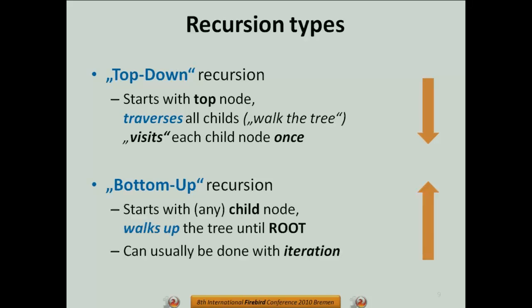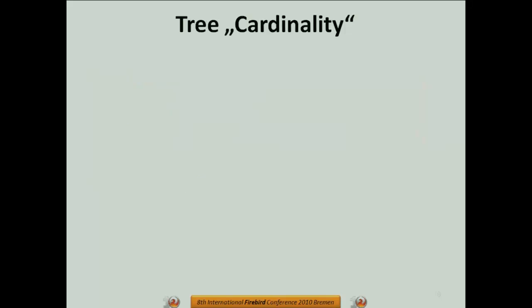But there's also bottom-up recursion. This is less common, where you start with the child node and go up until you hit root. This is the typical case when you have a file system and you're in some subdirectory and have a file name and you want to have the entire path. That's a bottom-up recursion. But usually this isn't done with recursion because it can be done much more efficiently with iteration.